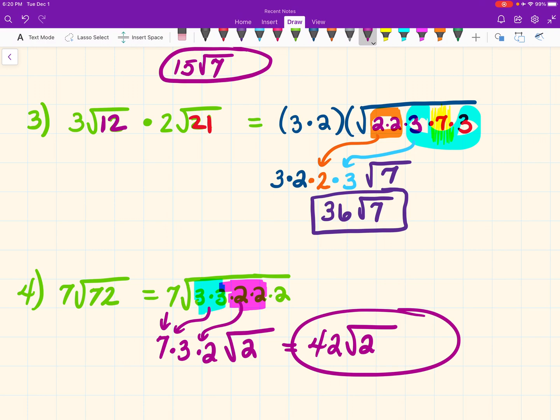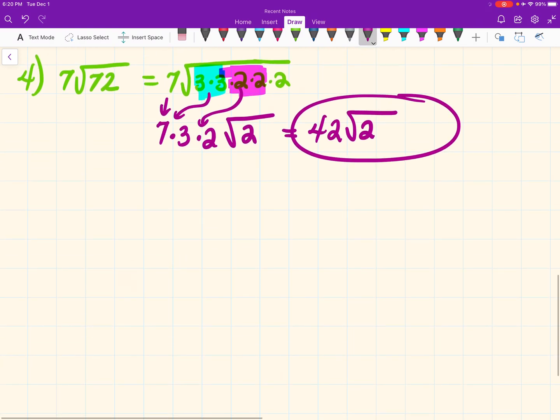Okay, so that's the product. Now the next property is the quotient property of radicals. So the quotient, whoops, did I spell that wrong? Yep, I just put an I in there for no good reason. The quotient property of radicals.